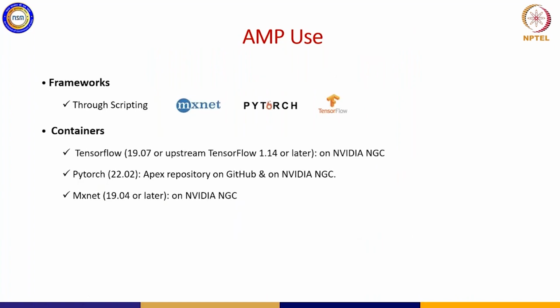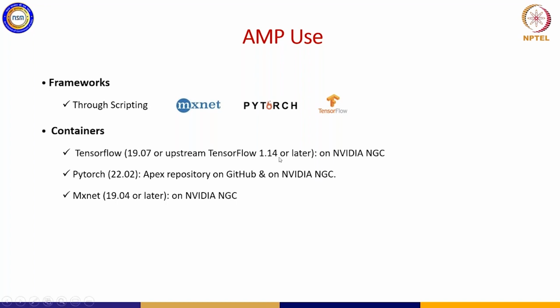So how do we use automatic mixed precision? We can use it in our frameworks through scripting. It exists in MXNet, PyTorch also. You can use it on TensorFlow as well. And then you can use containers. However, in the container, I must say for TensorFlow, it's only possible with TensorFlow version 1.